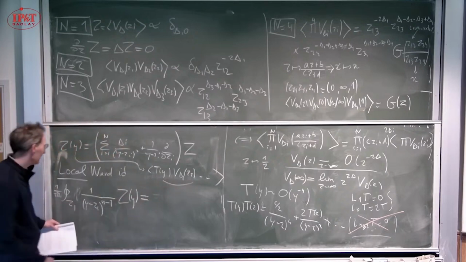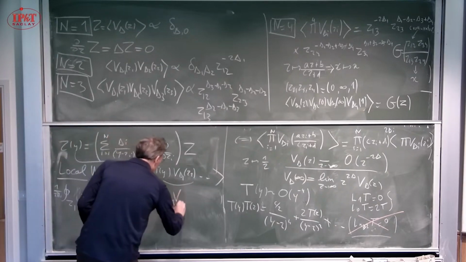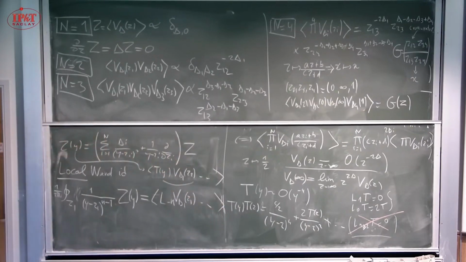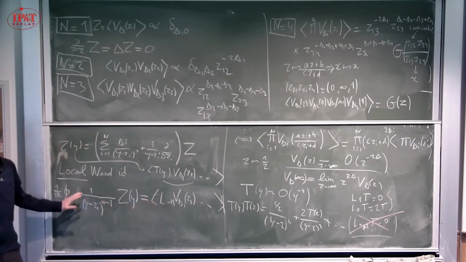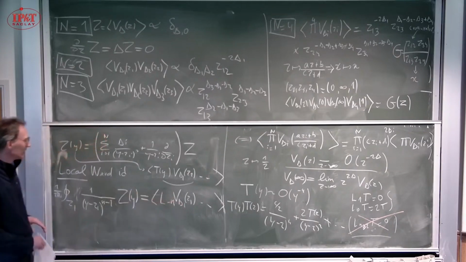By design, I will find L minus n acting on the first field times all the other fields. Basically I have just arranged to pick the contribution of L minus n in the OPE by having this prefactor. So that's basically a descendant.